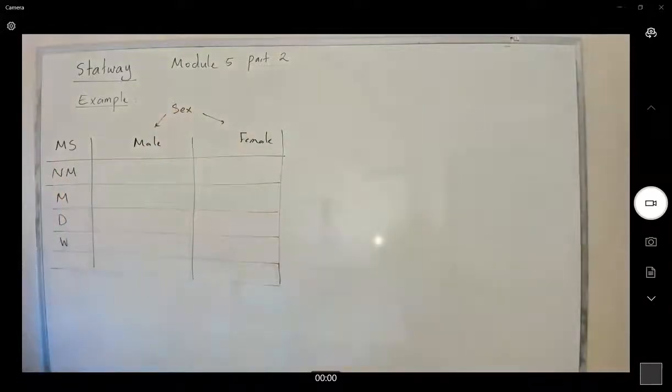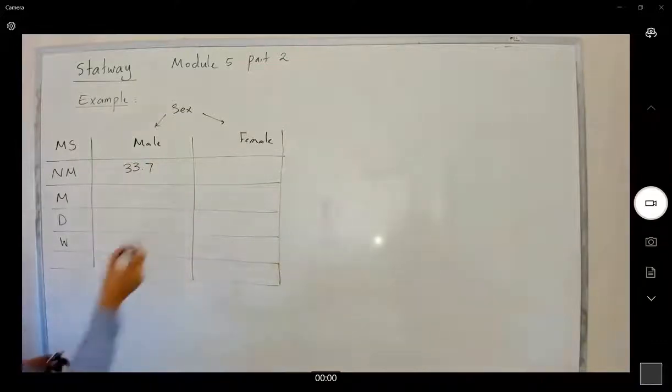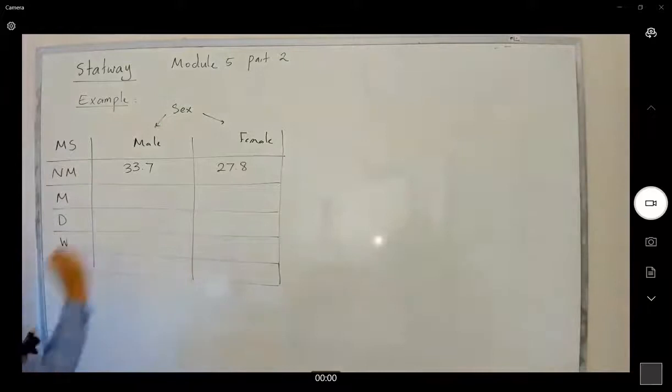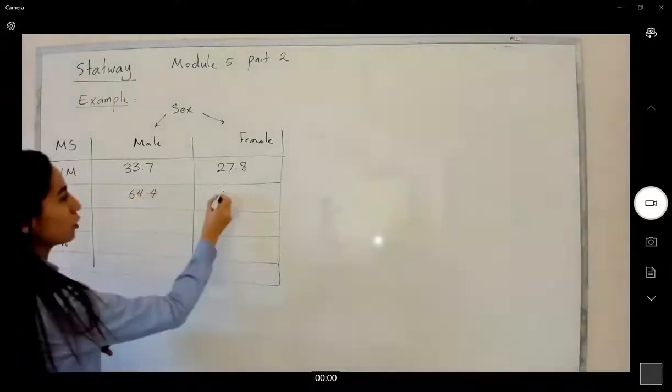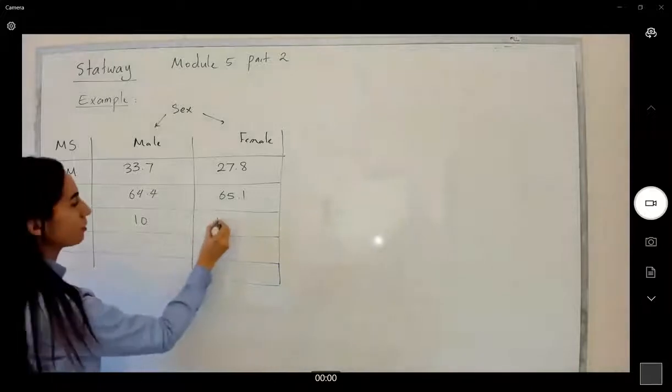Let's take a look at the numbers here. 33.7 million. Female, 27.8. 64.4. We have 65.1. 10. 11.4.